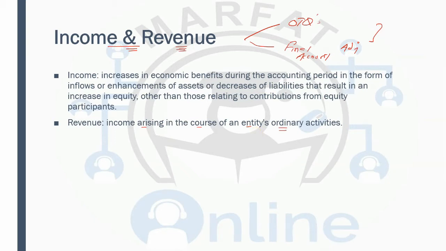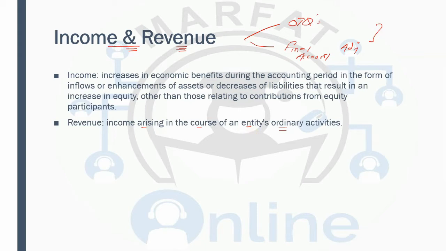But for example, if I am doing something other than ordinary activities, for example, if I'm helping someone to buy some goods, but I'm keeping the commission, or for example, if I'm acting as an agent for someone, that agency fee should not be recognized as revenue. In fact, that is income.